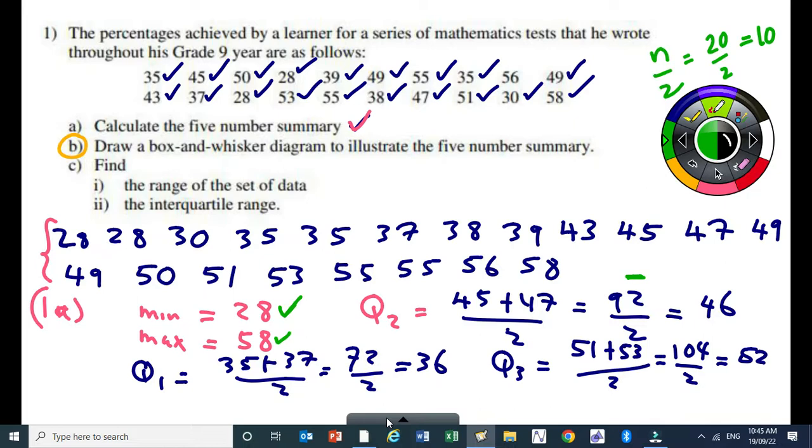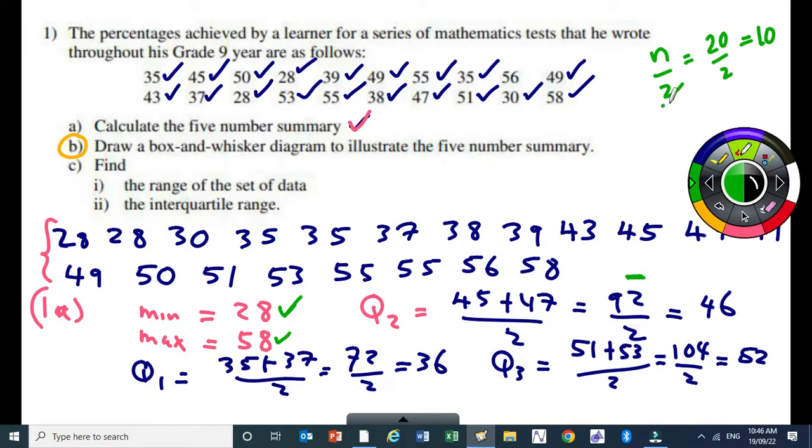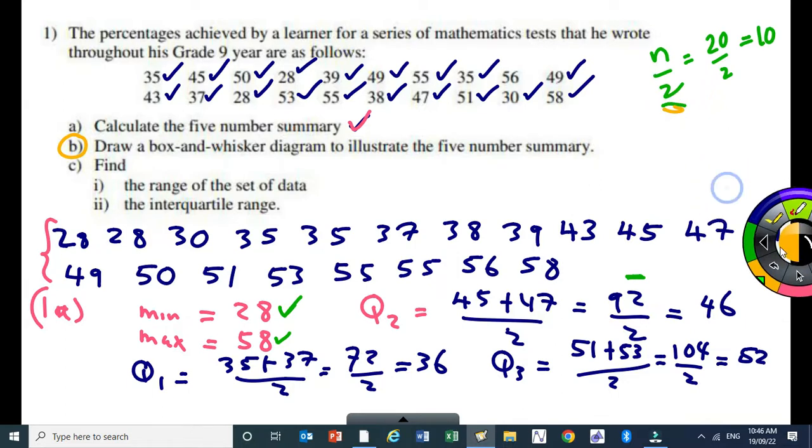Okay, so your Q2, remember I told you that if the data set is even, use the formula n over 2 to identify the first value in the middle of the data set. Then you take into account the second one. So n over 2 will give you 20 over 2, which is 10. Then you count. Now, this is the manual way. If the data set is not arranged in order, now it is arranged. So 1, 2, 3, 4, 5, 6, 7, 8, 9, 10.